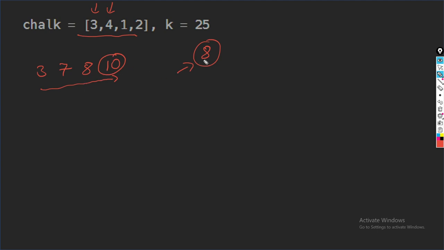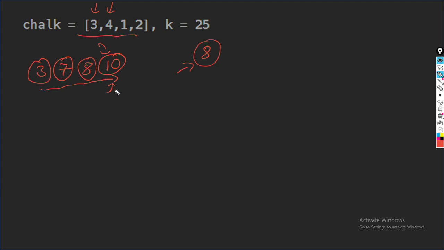Or we can again start from the first one and add. Okay, 3, it's less than 8. So 7 is less than 8. 8 is less than or equal to 8, so that's okay. So 10, but at this point, that means if we reach this student, we need 10 chalks.